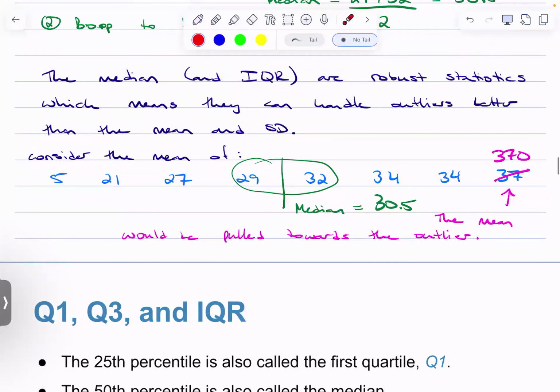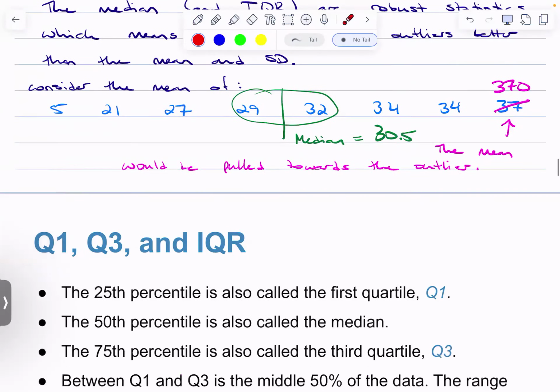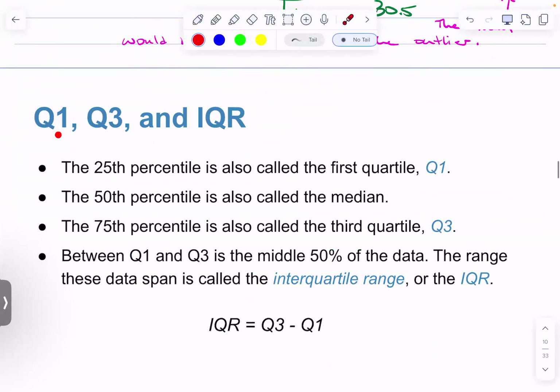We've talked about IQR, the interquartile range, briefly, and here it is. We're going to have Q1, Q3, and the interquartile range. I'll spell it out here: interquartile range.